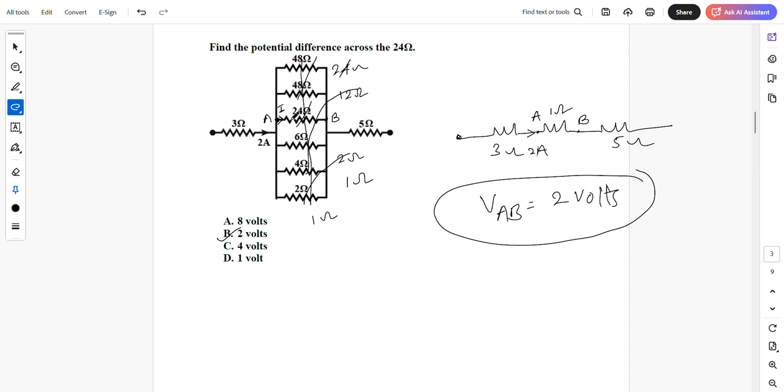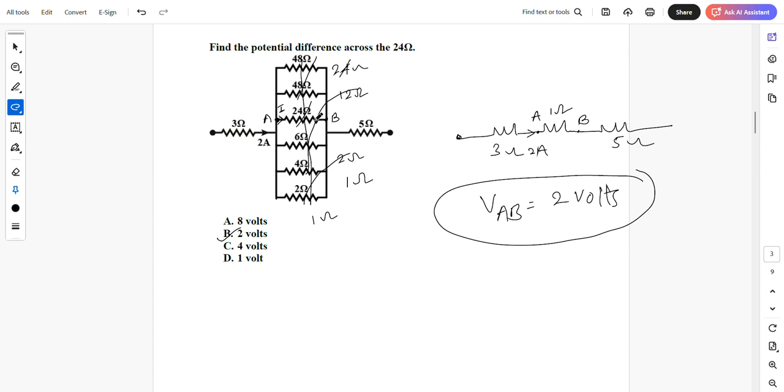They are not asking for the current. They are asking you to find the potential difference across this 24 ohm resistor. Here the current gets divided, and you can write I1, I2, I3, I4, I5, I6. Now calculate the total equivalent resistance, that is 1 ohm, and find the potential difference between A and B.